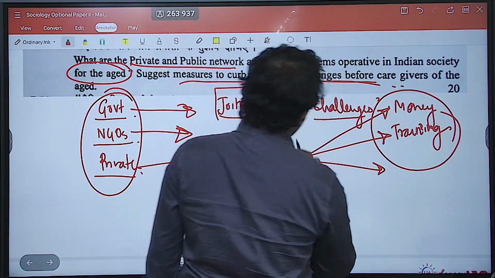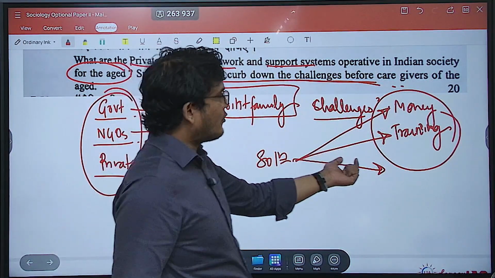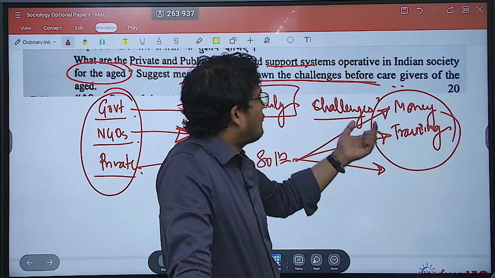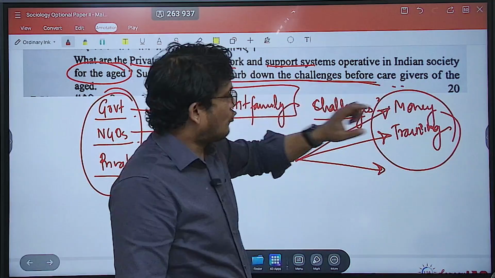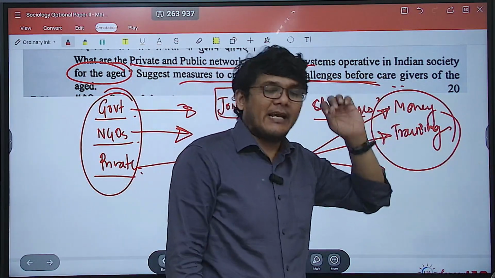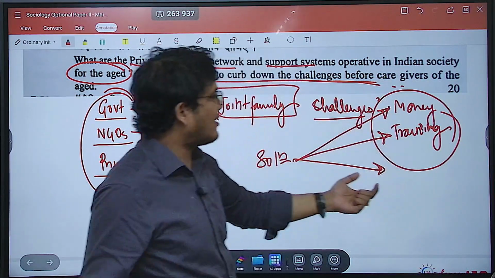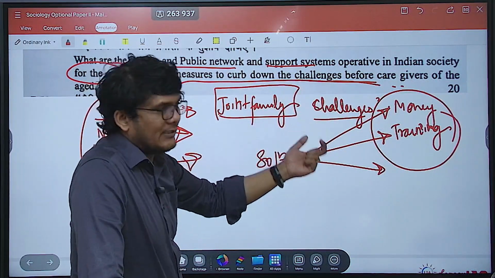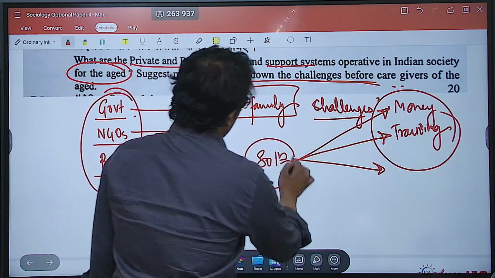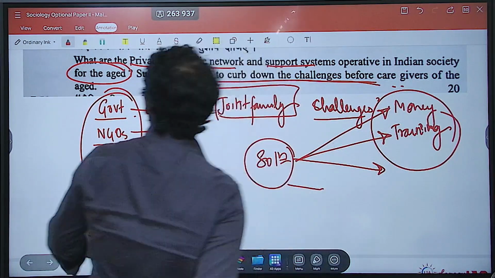But yes, the last solution is more about us taking care. But the question is asking about challenges for the caregivers. So money, inadequate training, high sensitivity required, high risk job, all those can be the concerns. So you talk about the solutions to that and then you conclude your answer.